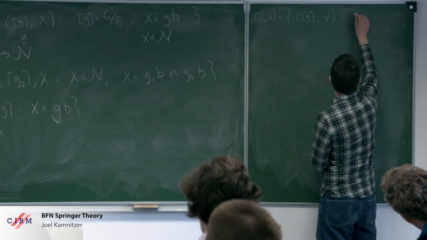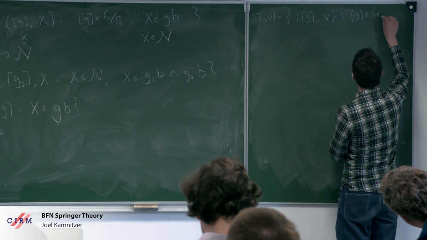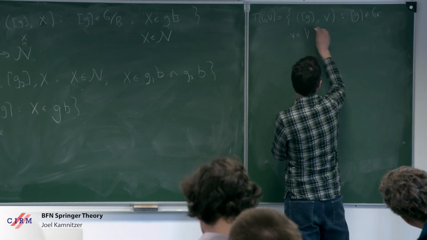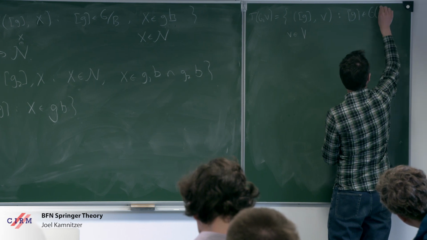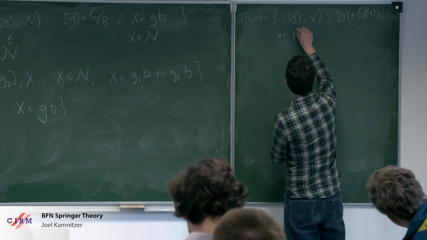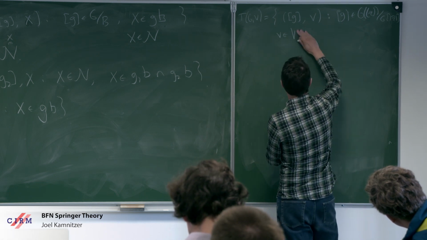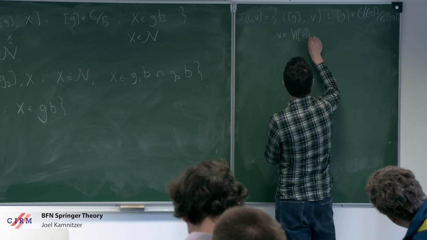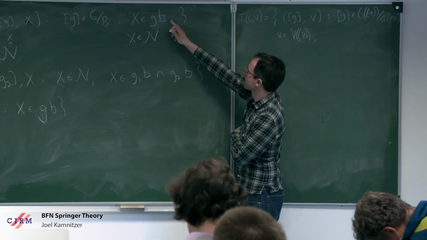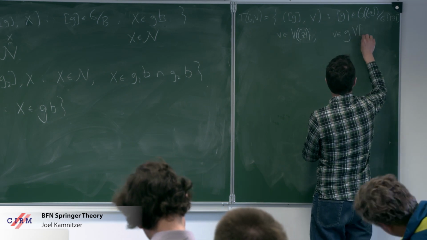This G will be a point in the affine Grassmannian, V will be in here, and then the analog of this condition would be just that V is in here.